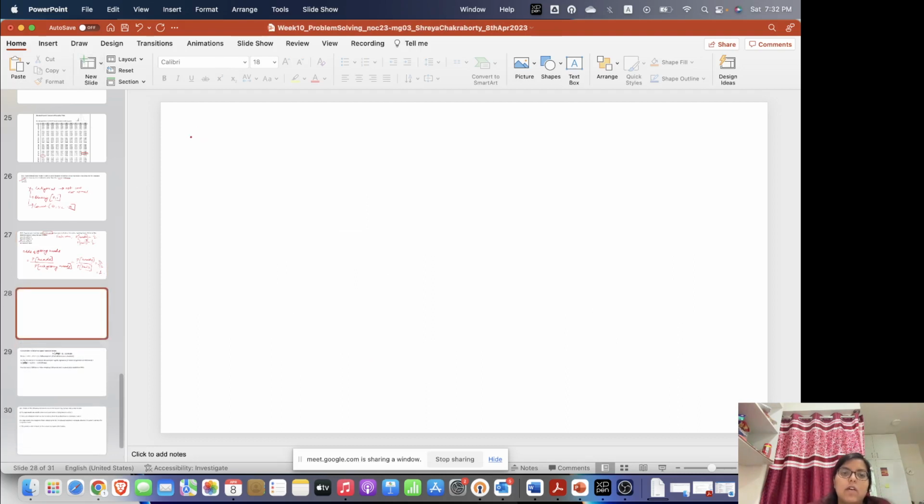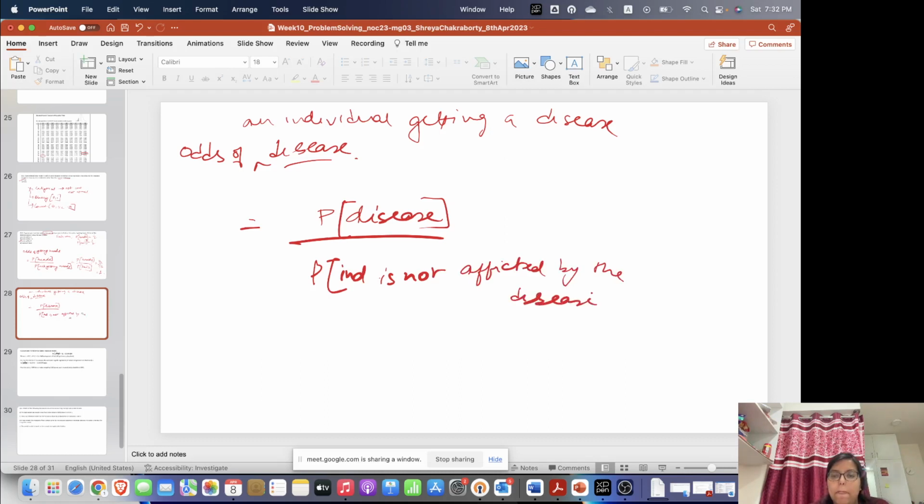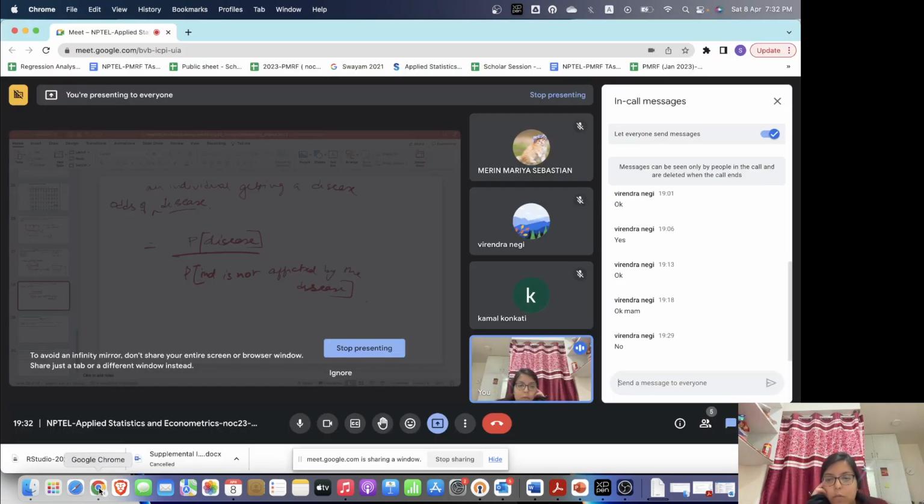So if I have to find out the odds of a disease, then the odds of an individual getting a disease will be the probability that the individual is afflicted with the disease by the probability that the individual is not afflicted by the disease. Okay, so this is the definition of odds. Is it clear that odds is not always equal to probability?